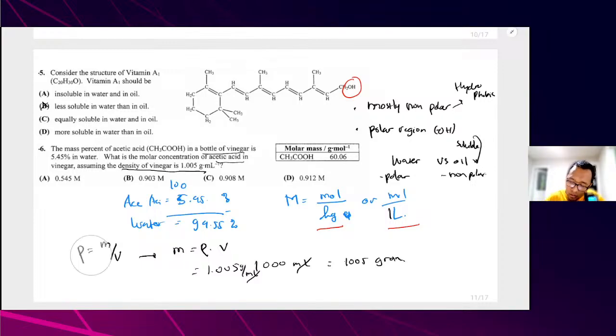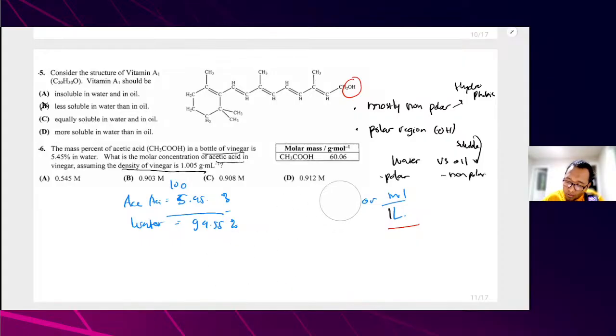Let me revise again to make it easier for us. The first step, assume we have 1 liter sample. Now we need to determine the mass of acetic acid in 1 liter, so we assume 1 liter of solution.